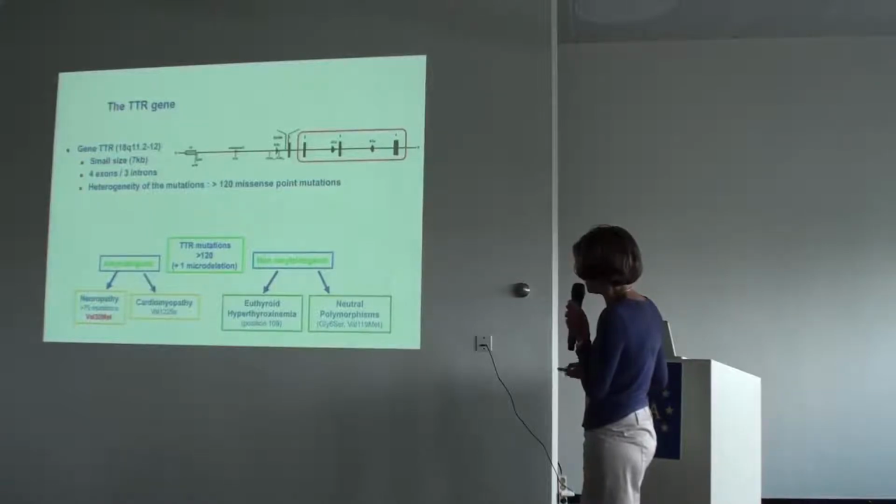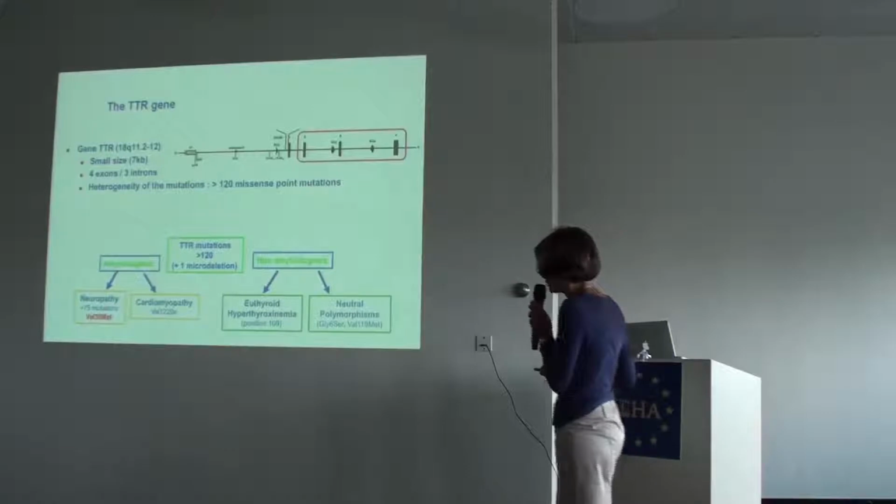Many of them are pathogenic, and we see that the phenotype of the disease is changing a little bit, although many of the mutations are associated mainly with a neuropathy, like the V30M we have just seen.